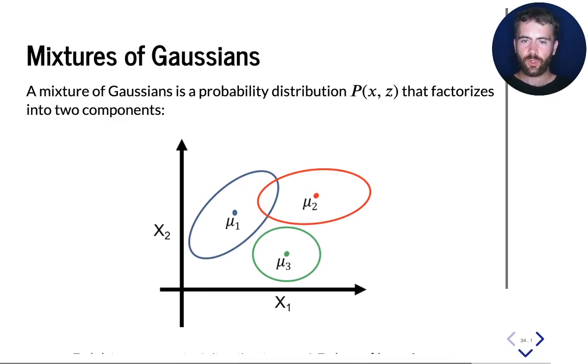So the simplest latent variable model is a mixture of Gaussians. In a mixture of Gaussians, we have a probability distribution that factorizes over a number of components. Here we have 3 Gaussians that are given by these colored ellipses.